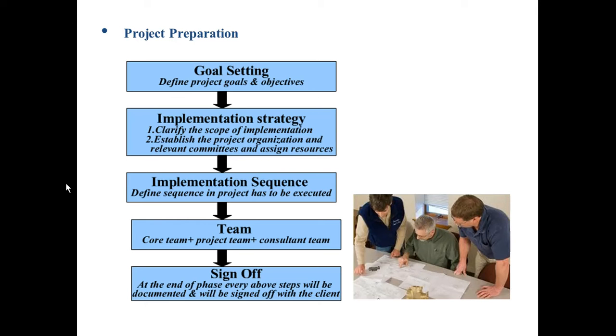Typically, in all these IT processes, at every stage we need to get the sign off to go to the next level. So this project preparation level also needs a sign off. Once all is done, we need to get the sign off from our bosses to go to the next level.